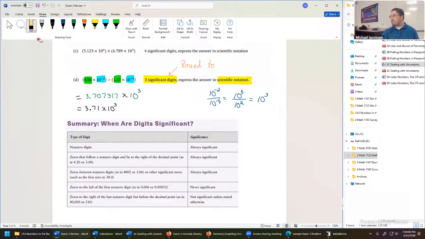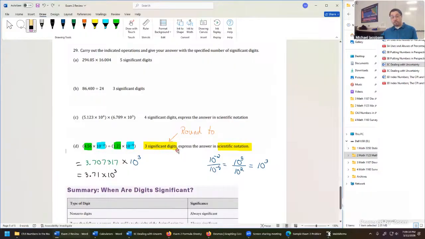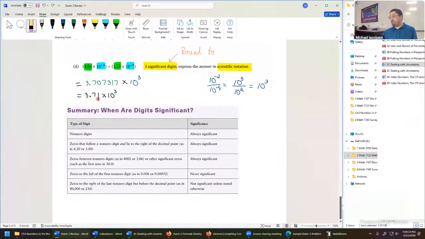But if you interpret this as keep 3 significant digits and you gave me 3.70, I would say that's an acceptable answer as well. That's just a different interpretation of the instructions. They didn't say specifically to round to, so either version would be acceptable. But 3 significant digits would mean these 3 digits right here.